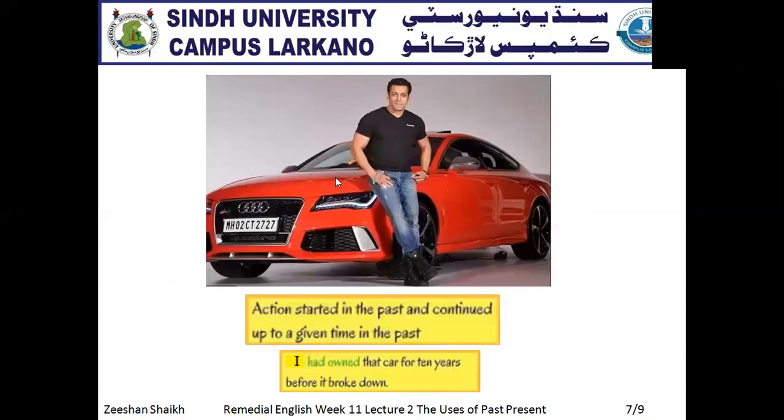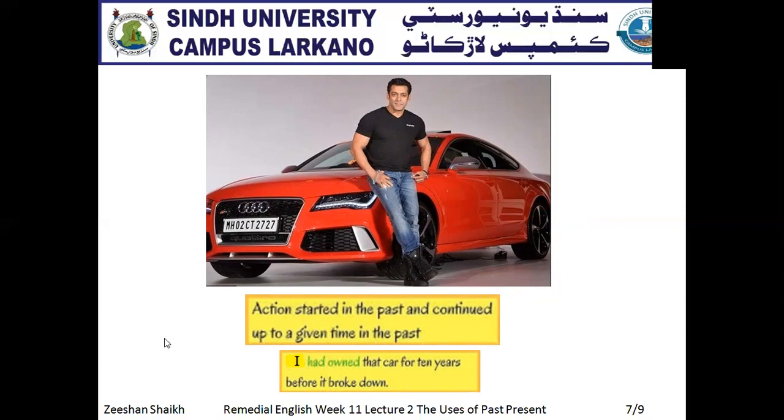Now the fourth one is that we use past perfect to describe an action that started in the past and continued up to a given time in the past. Means there is an action which started in the past and continued up to a specific, given or particular time in the past.